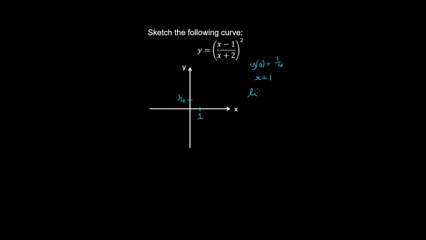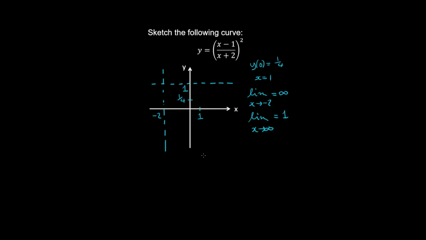And now if we take the limit as x goes to -2 from the left and right, then y approaches infinity. So we have an asymptote at -2. And if we take the limit as x approaches infinity, then y approaches 1. So we have an asymptote at y equals 1.